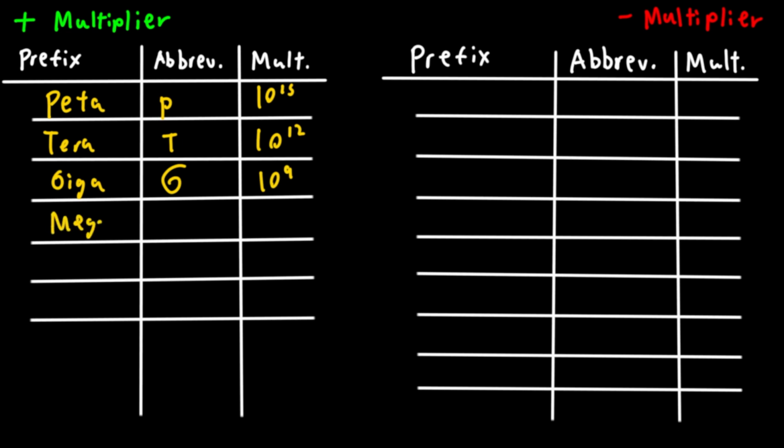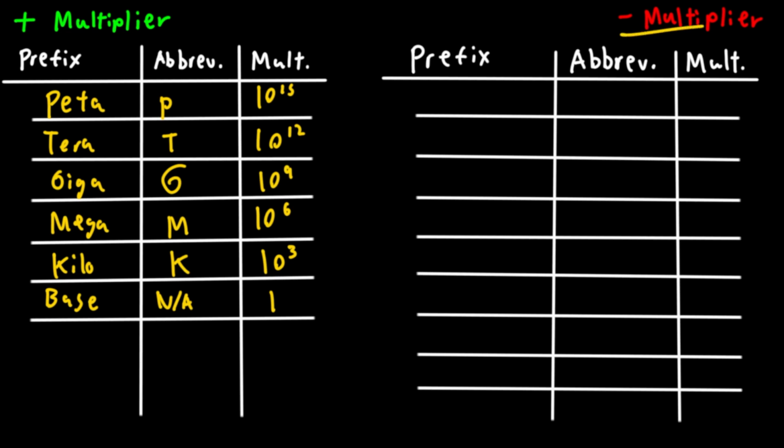Mega is abbreviated with M, and this has a 10 to the power of 6 multiplier. Kilo is abbreviated with K, and this has a 10 to the power of 3 multiplier. The base unit just has a multiplier of 1.